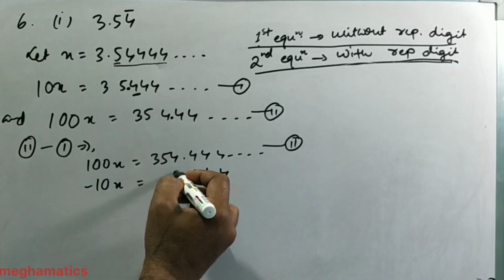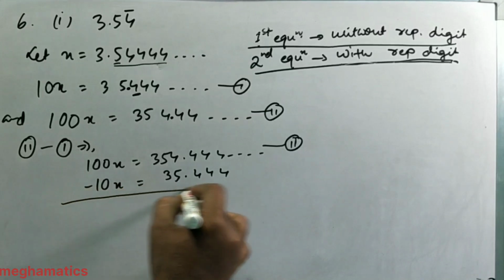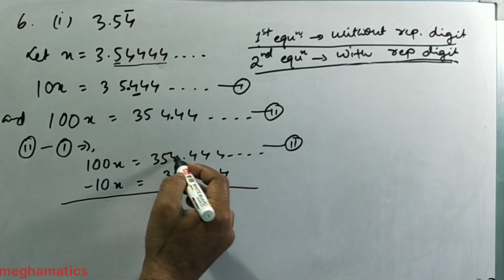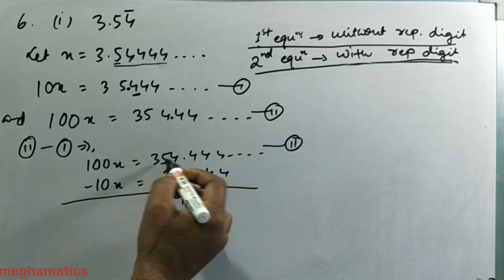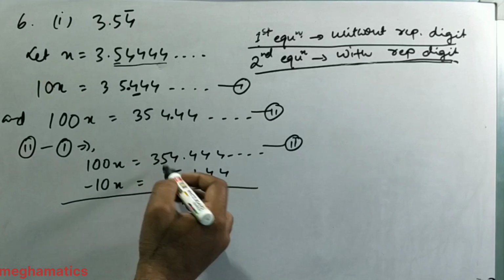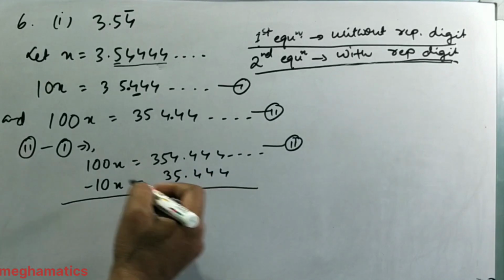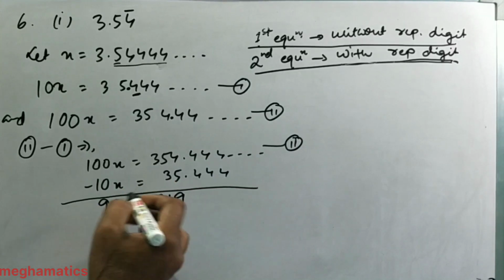If we subtract, 4 minus 4 is 0. So 14 minus 5 is 9. Then 1 is taken there. So 4 minus 3 is 1. Then 3 here. It is equal to 100x minus 10x, which is 90x.